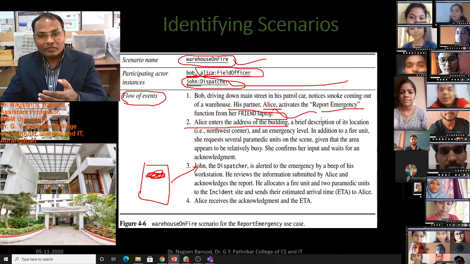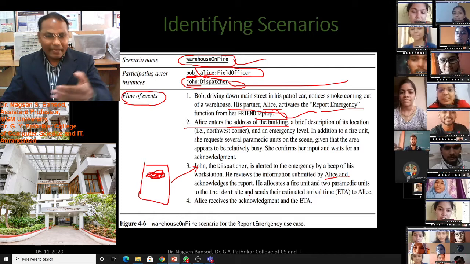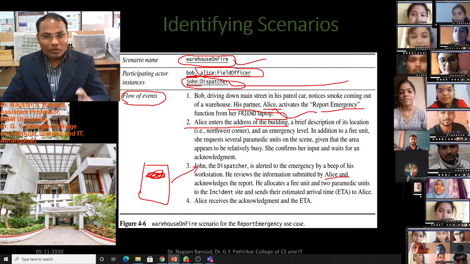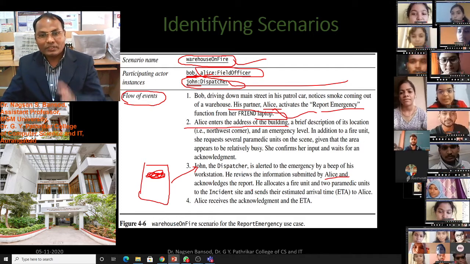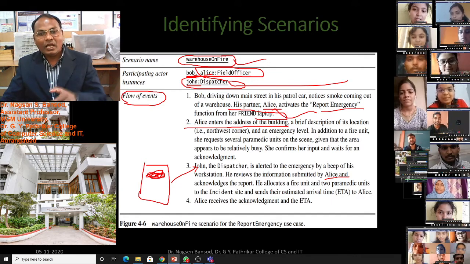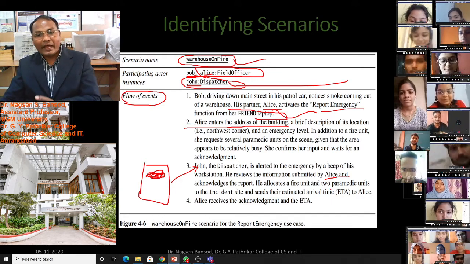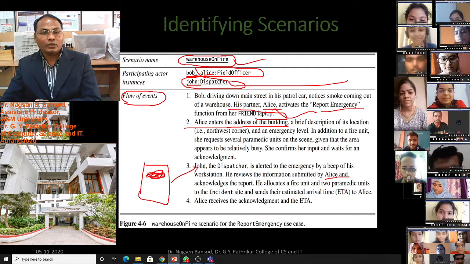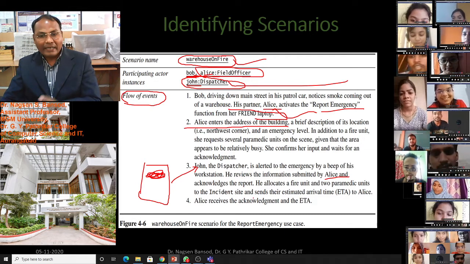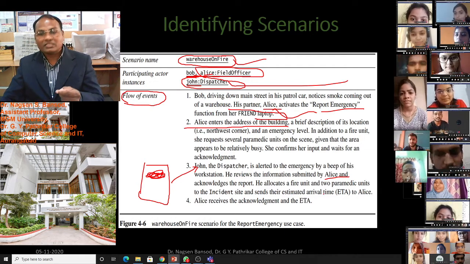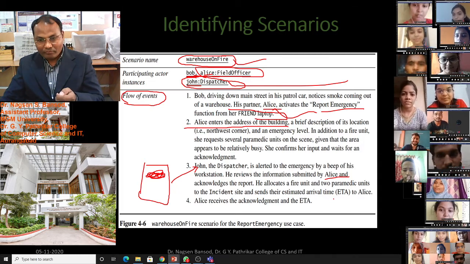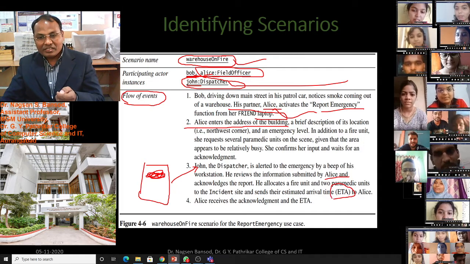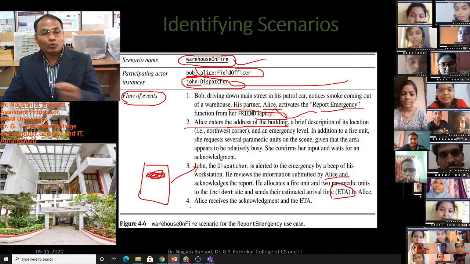John reviews and acknowledges the report, and he allocates a fire unit and two paramedical units to the incident site and sends their estimated arrival time, EAT, meaning estimated arrival time, to Alice.